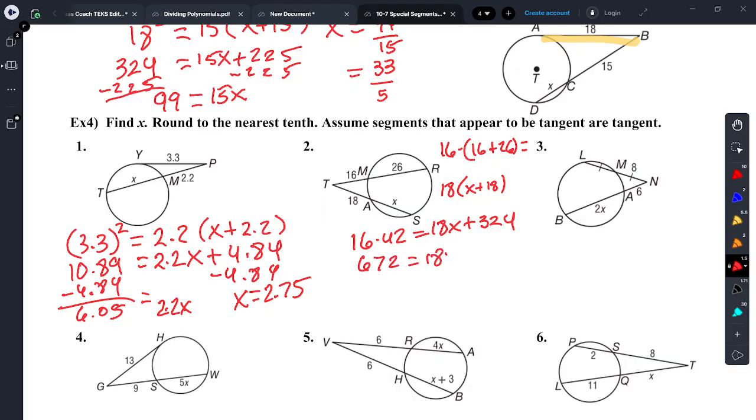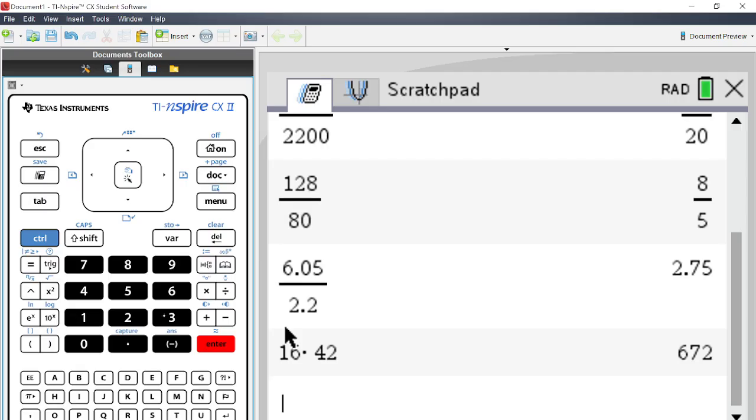672 equals 18x plus 324 minus 324. We're saying 348? Does that sound right? Equals 18x. All right. 348 over 18.